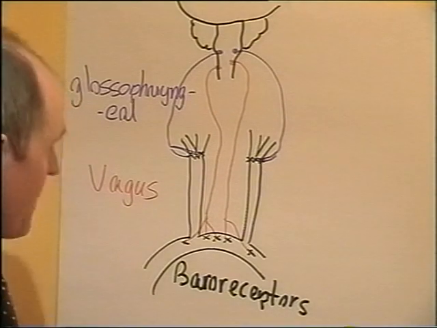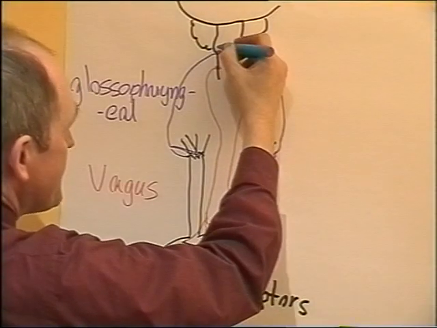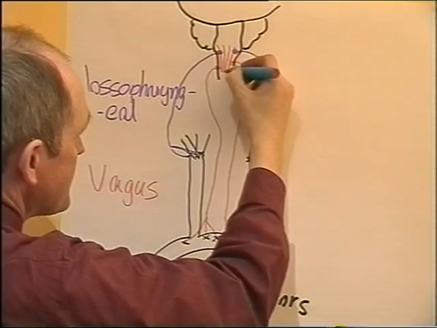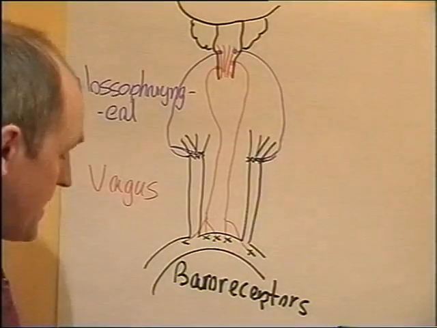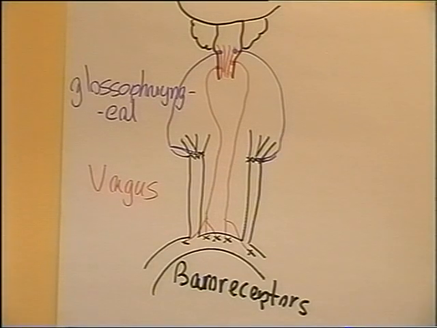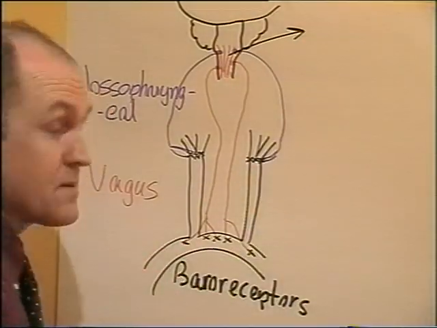Now, the vasomotor centre is a network of neurons found in the bottom third of the pons and in the brainstem. The vasomotor centre, via the spinal cord, sends impulses out to the peripheral blood vessels.